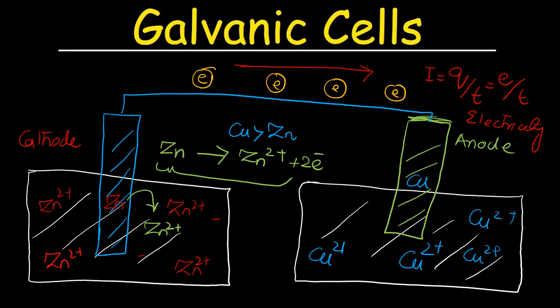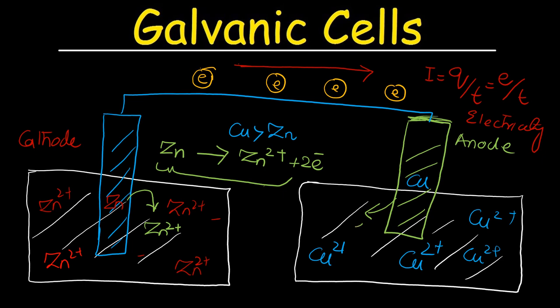Whereas copper, Cu, copper ions are stable in a solution, but electrons from the zinc side are transferred toward the copper anode.